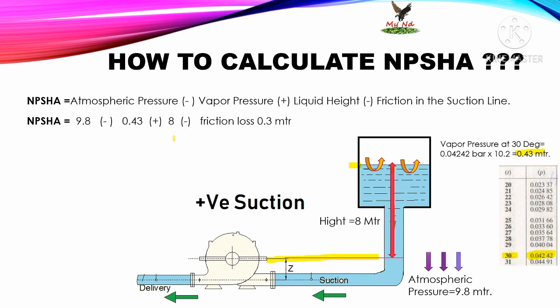So we are substituting the values. NPSHA is equal to atmospheric pressure 9.8 meter, minus vapor pressure 0.43 meter, plus 8 meter liquid height, and we are considering the friction loss 0.3 meter. So our NPSHA is 17.07 meter.